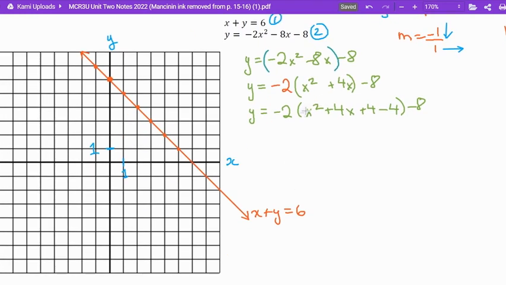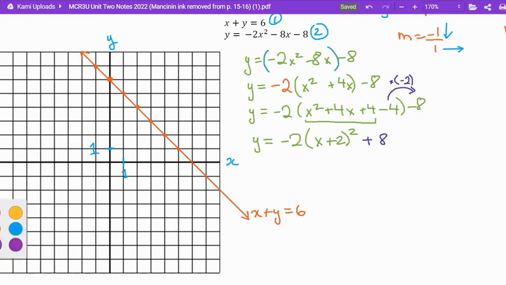Okay, factor that perfect square trinomial into x plus 2 all squared. And remember, as this -4 is exiting the bracket, I multiply it by -2. So that means -4 times -2 is plus 8.